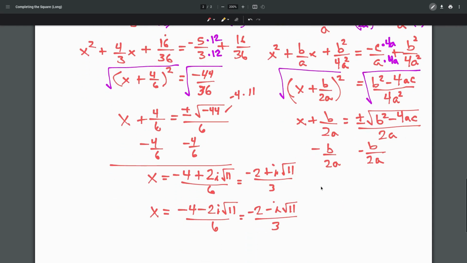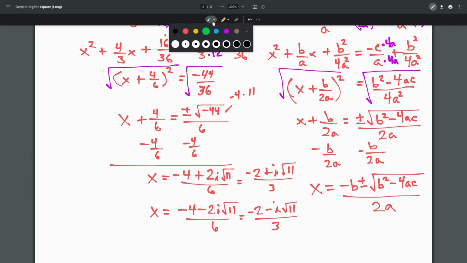And so when I do that, I get just x equals negative b plus or minus. They both have the same denominator here, so I'm just going to combine this all over 2a. So it's going to be negative b plus or minus the square root of b squared minus 4ac, and it's all over 2a. And there you go. We have derived the quadratic formula.